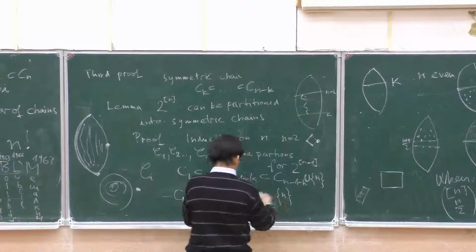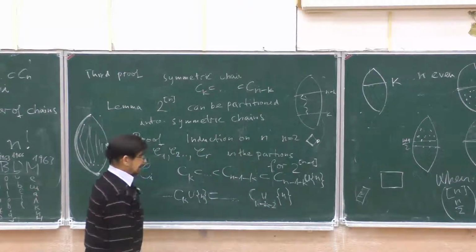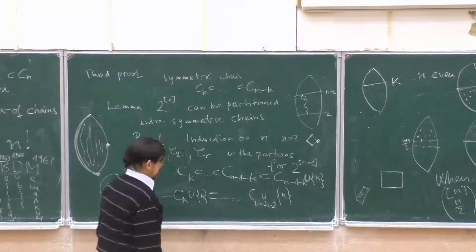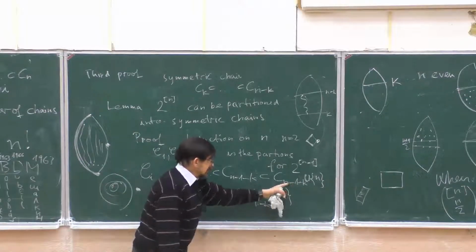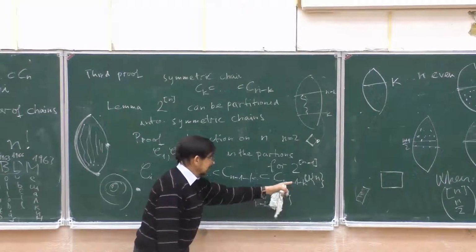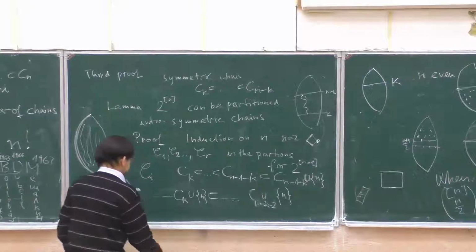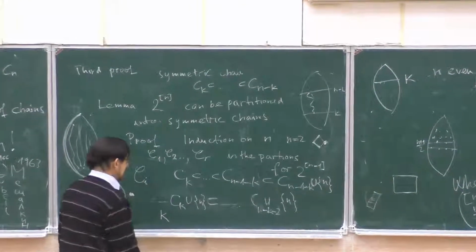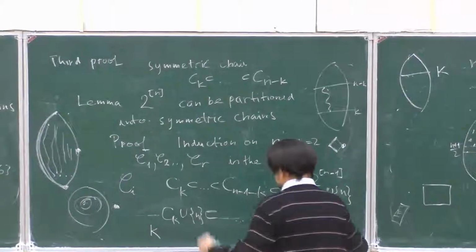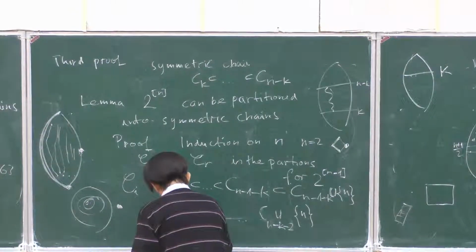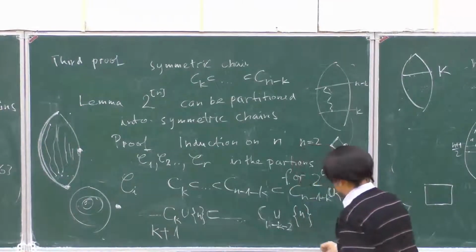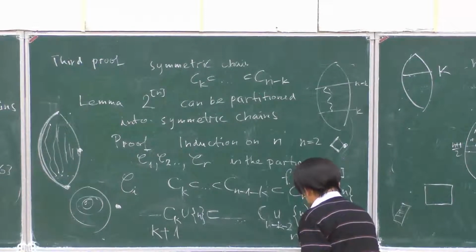And then the previous one we have to finish, because this was already here, so we cannot repeat it. But then this is k. Oh no, it's k plus 1, and this is n minus.